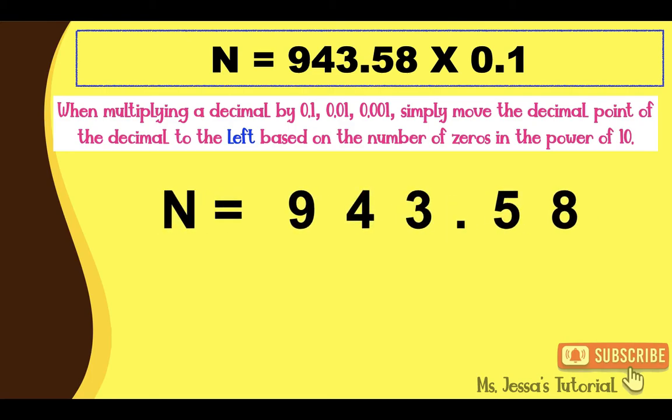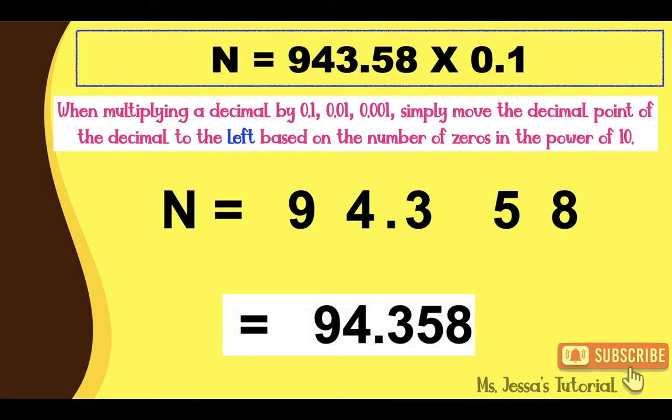So let's do it. 943.58 times 0.1. So since in 0.1 we only have 1 zero, we're going to move the decimal point one step to the left. Okay, let's do it together. 1. So that means the decimal point will be between 4 and 3. So the answer is 94.358. Is it easy?